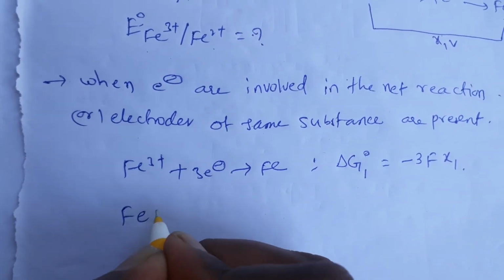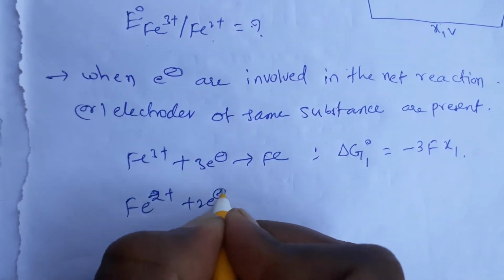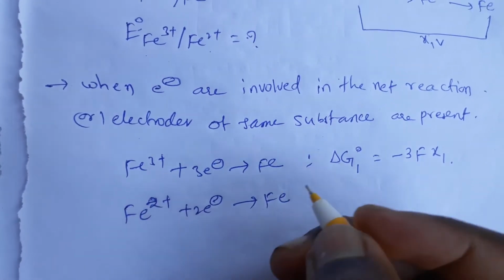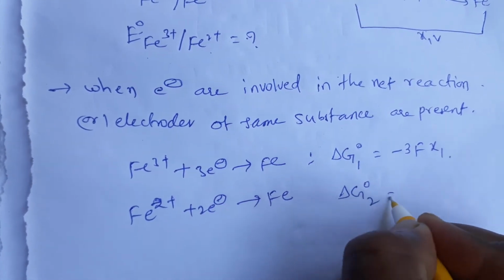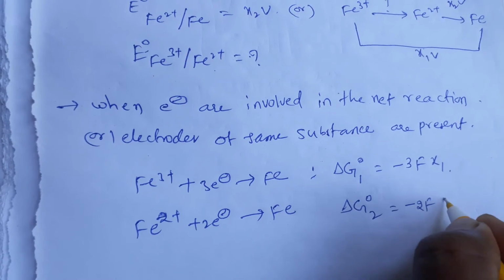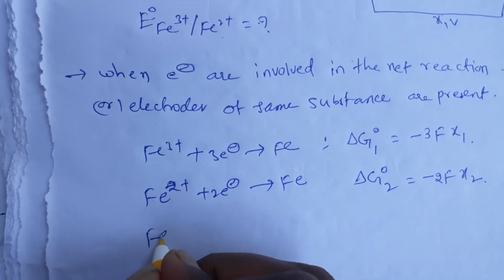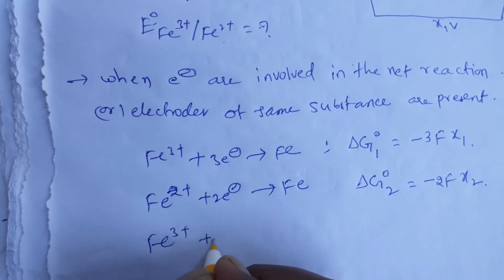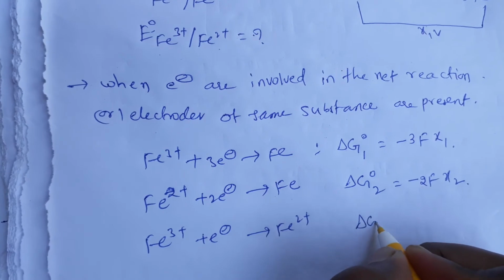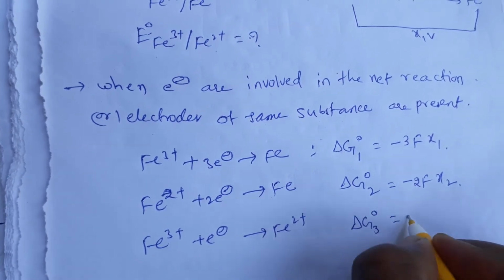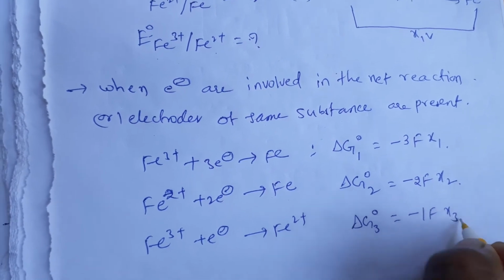If Fe2+ plus 2 electrons goes to Fe, then delta G naught 2 is equal to minus 2F x2. Next, if Fe3+ plus electron goes to Fe2+, then delta G naught 3 is equal to minus 1 Faraday x3.